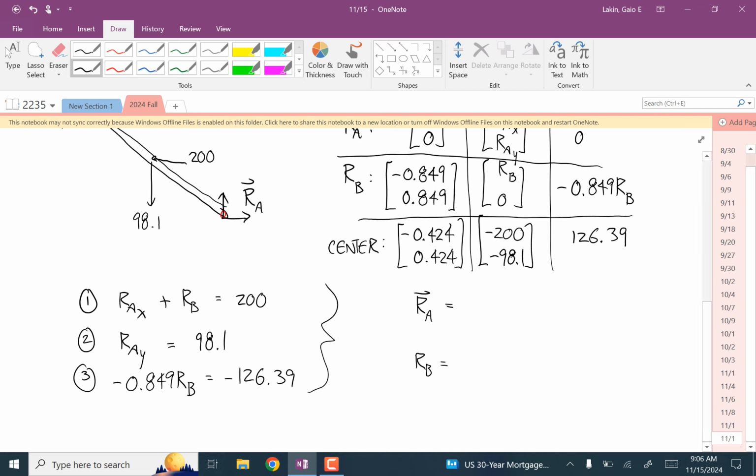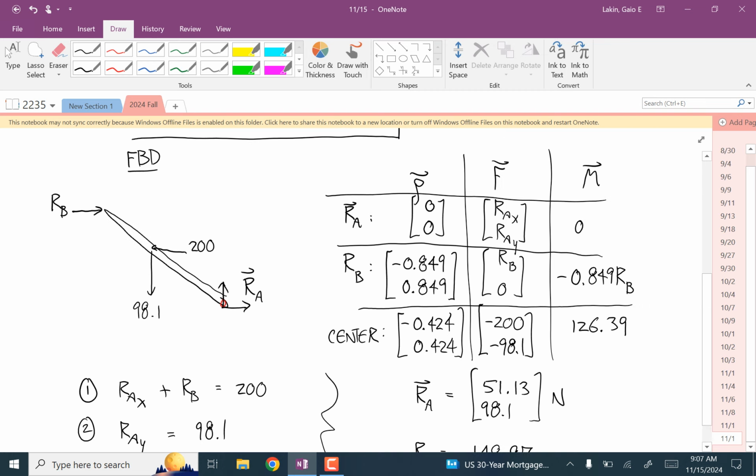So RB is 148.87. RAY is 98.1. And RAX is 51.13. Okay. So there we go for the external loads.